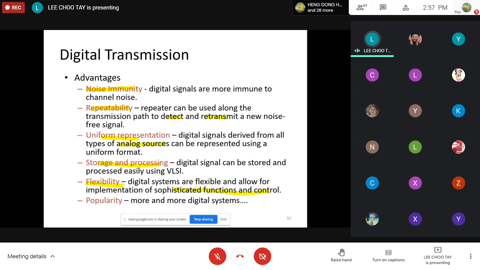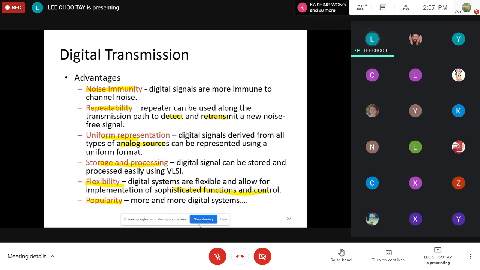For digital systems, you don't have to consider that so much because they are built to perform digitally. Popularity: with more and more digital systems being developed, it's easier for people to take, use, and integrate them to create a new functional block.